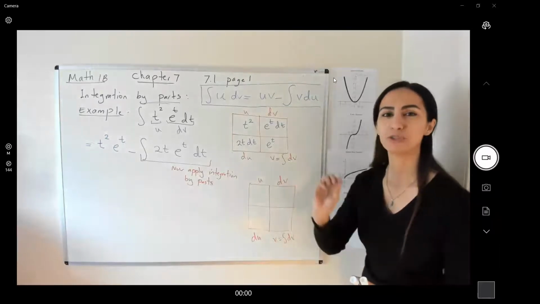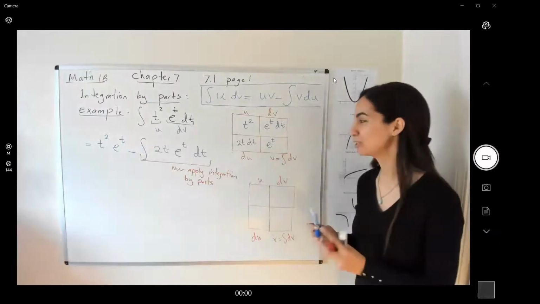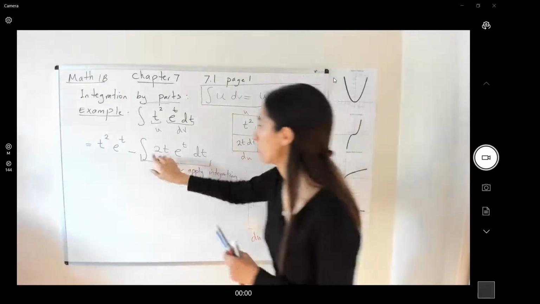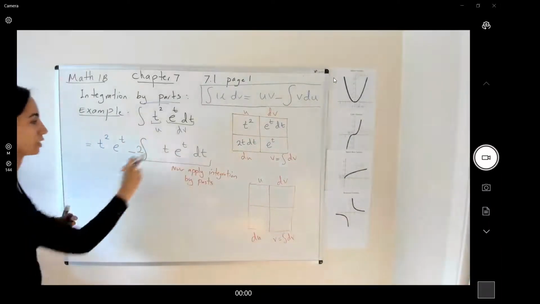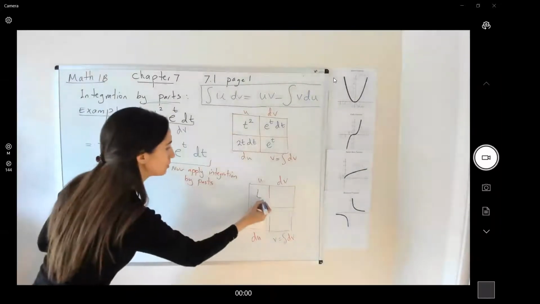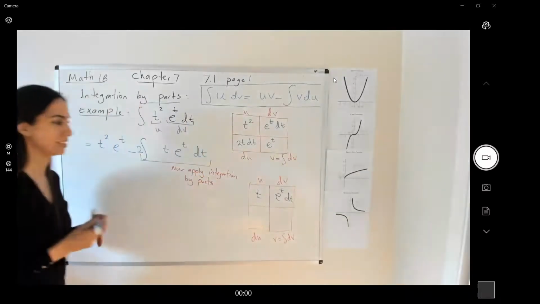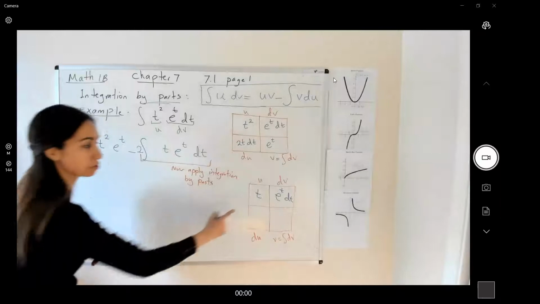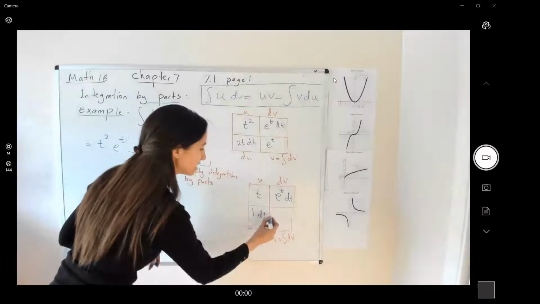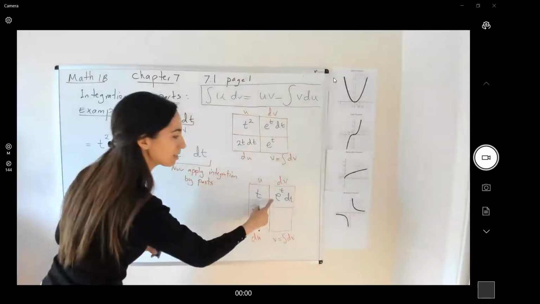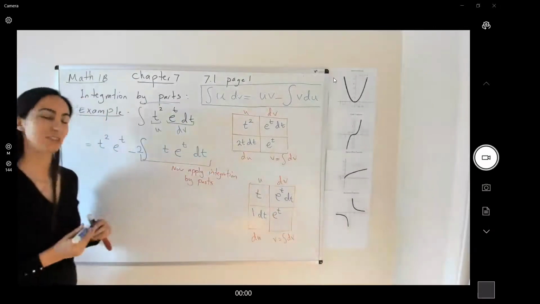As I mentioned, when you have a term with an exponent, take that term to be your u. So 2 is not very important. You can copy 2 and write it in front of the integral. T is your u, and e to the t dt is your dv. The derivative of t is 1 with respect to variable t dt. And the integral of e to the t is e to the t.